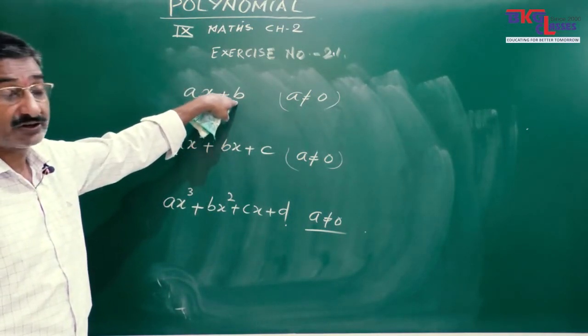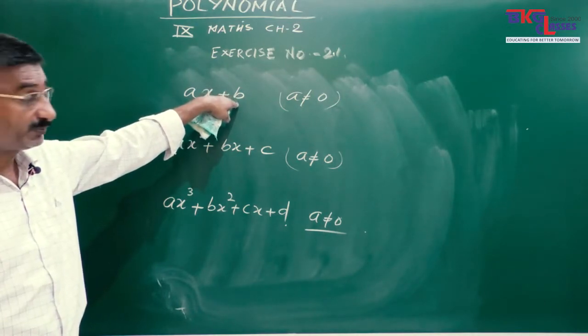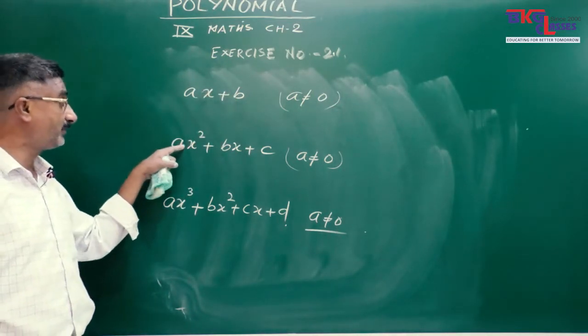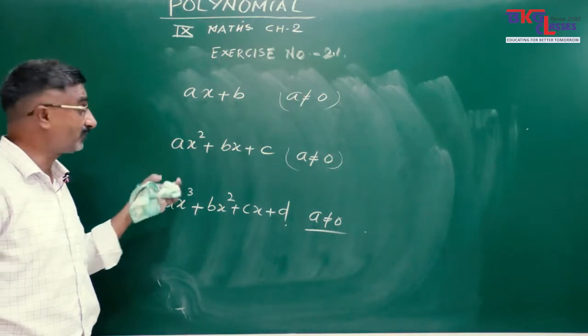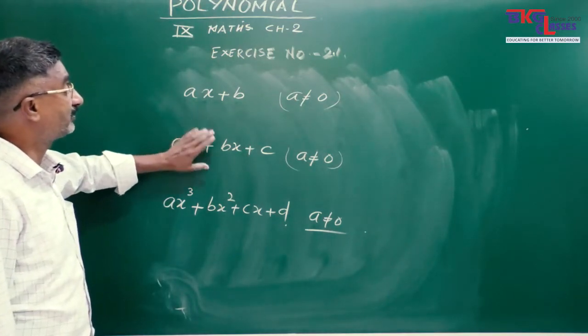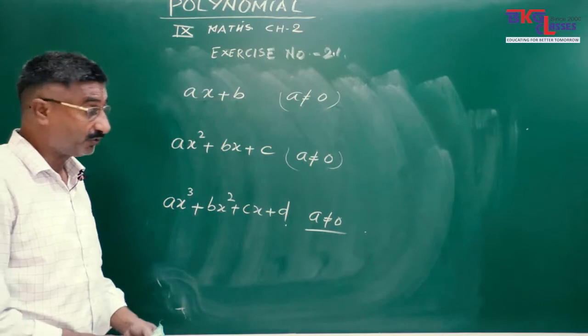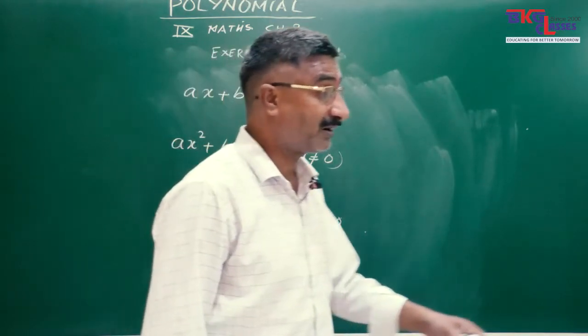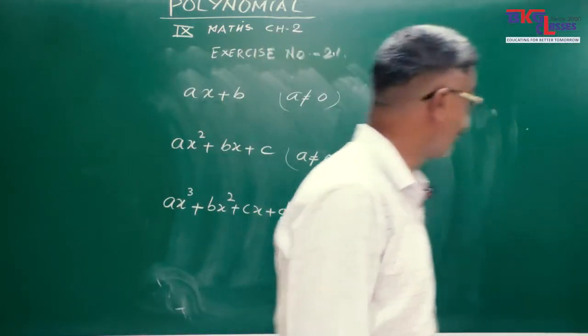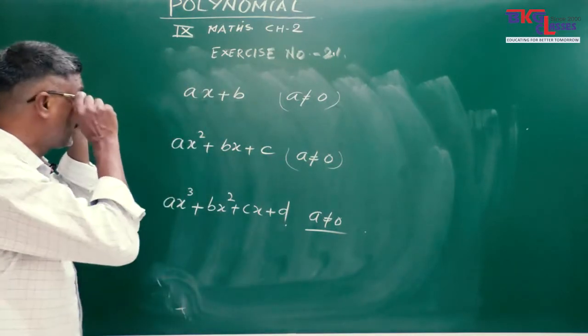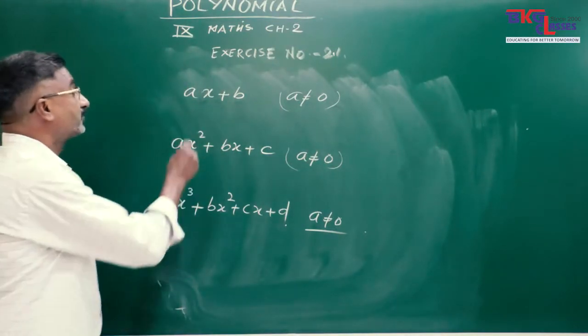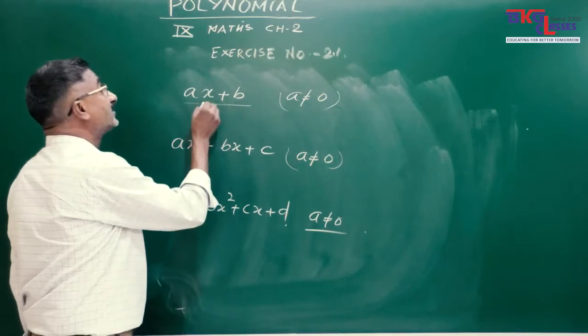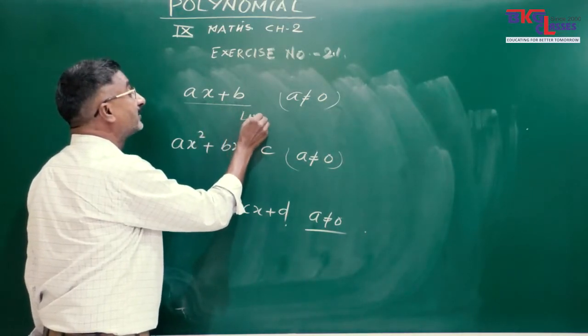So only the constant term will remain, that is b. Here if a is 0, multiplied by x square, this term will vanish, so this will be bx plus c. The first equation, ax plus b, is called a linear equation.